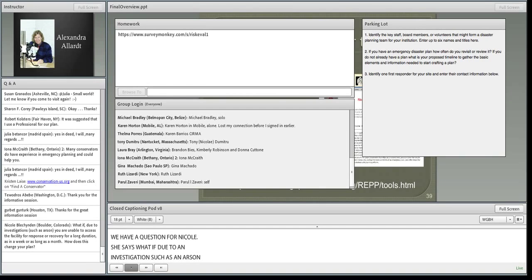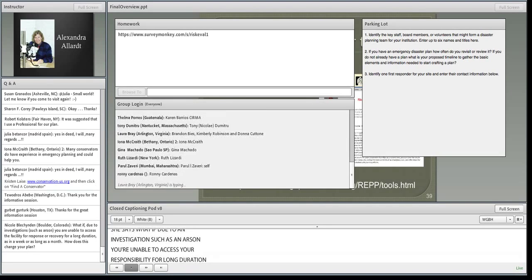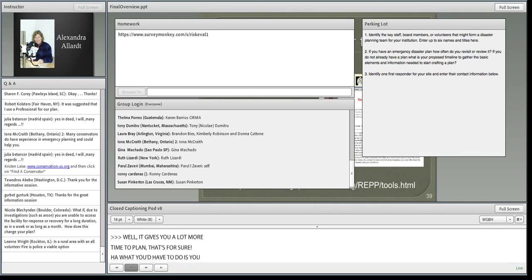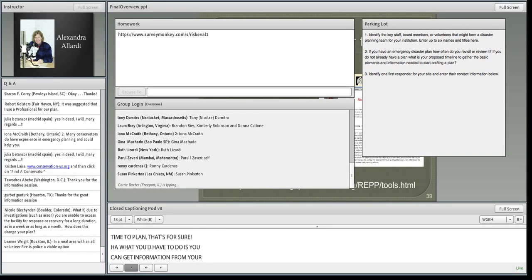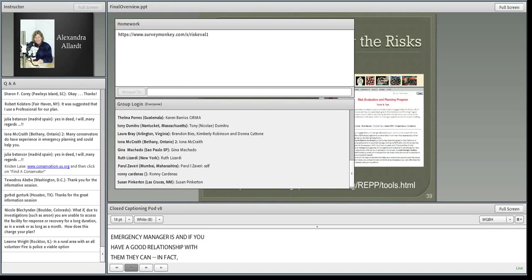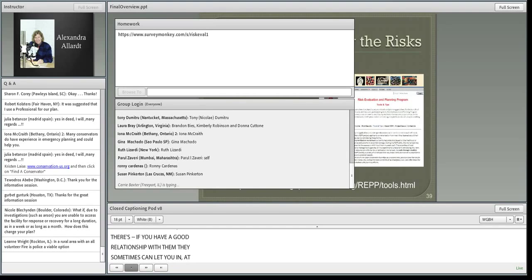What you'd have to do is get information from your fire marshal or whoever your emergency manager is, and if you have a good relationship with them, they sometimes can let you in, at least to do an assessment. If they will give you access and you understand that you aren't allowed to touch anything, maybe you have to wear special booties, you can at least have a 10-minute walkthrough to do your assessment and take your pictures.